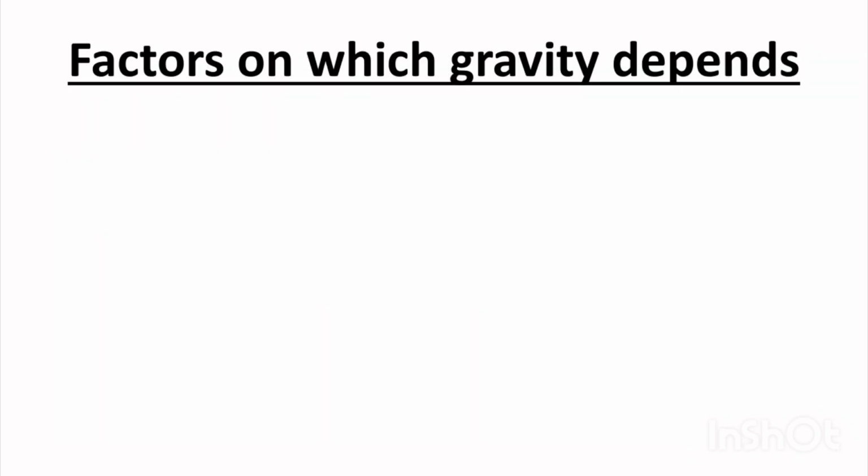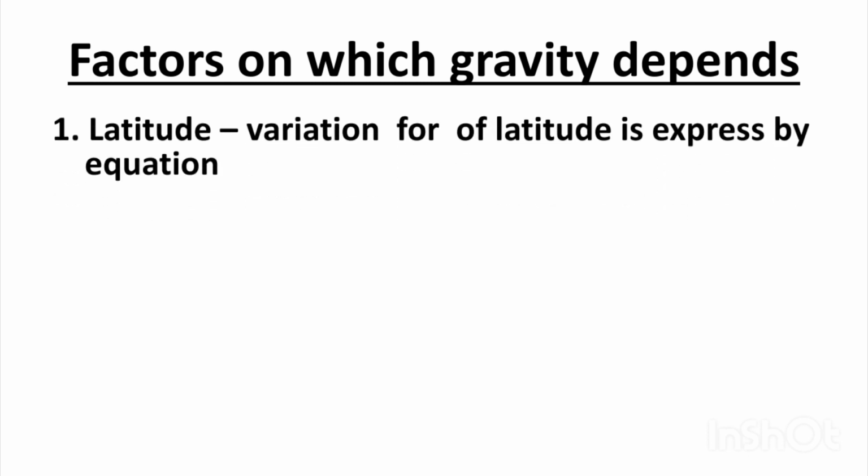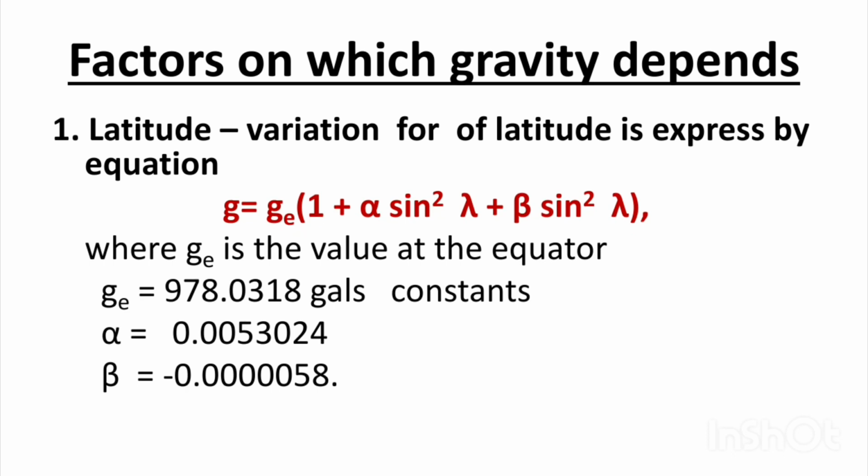Let us see what are the factors on which gravity depends. First of all, we will look at the latitude. If you remember, in the last lecture we discussed one formula for the latitude. It will be g is equal to gE (1 plus alpha sine square lambda plus beta sine square 2 lambda). Lambda is your latitude, which will be given in your numerical problems, and these other values are constant.